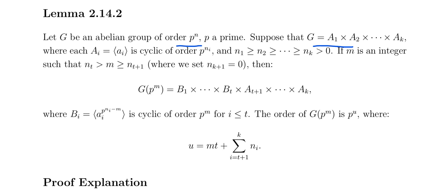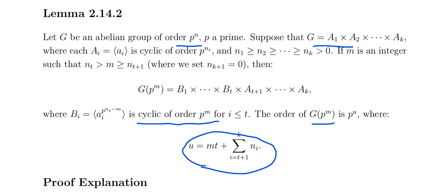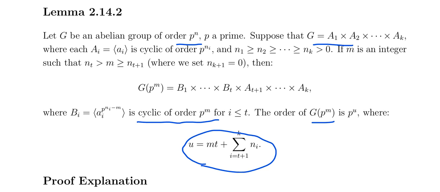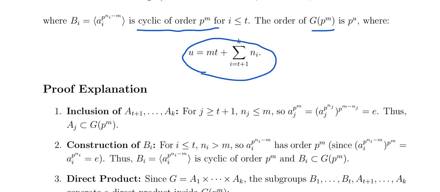So then G(p power m) is equal to B1 cross B2 cross ... cross Bt plus 1 like this. Each Bi is generated by a p power ni minus m and is cyclic of order p power m. The order of G(p power m) is p power u, that is, u is defined like that. Okay, a very complicated result.